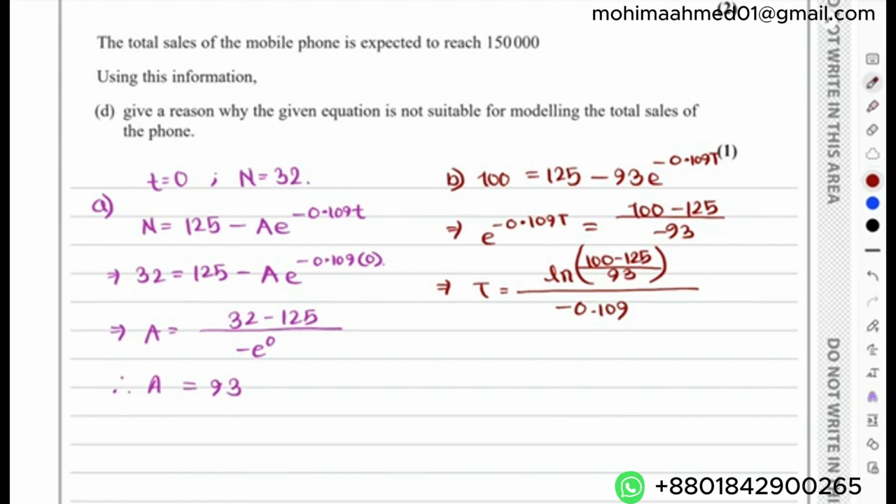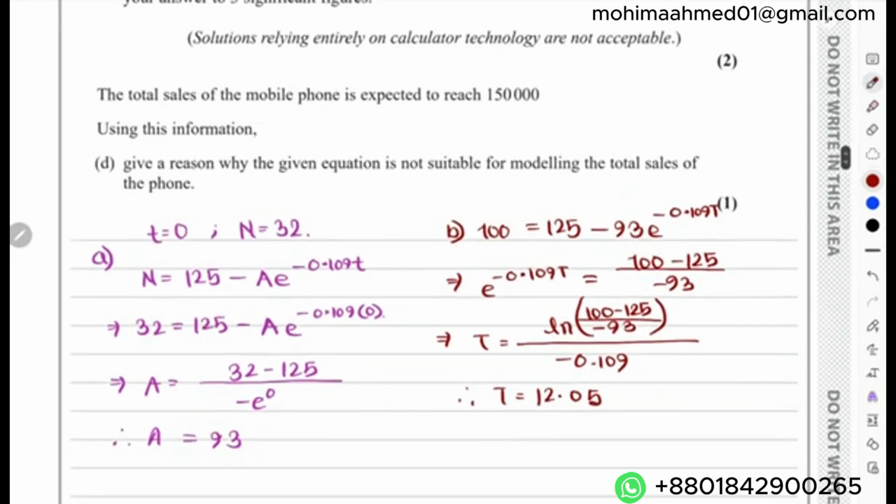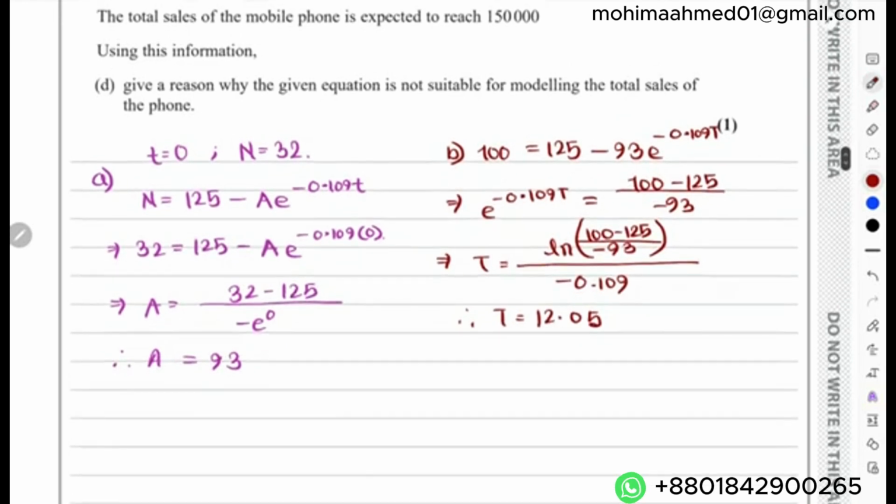Sorry, I forgot to input that minus in here. Then you get time is 12.0525. We should keep your answer in 2 decimal places. So it's 12.05 months, because T was in months.